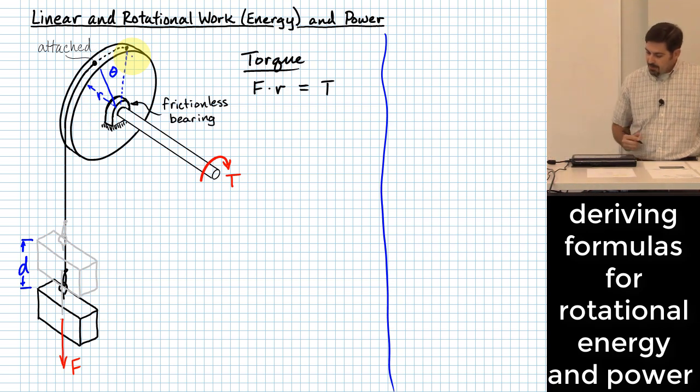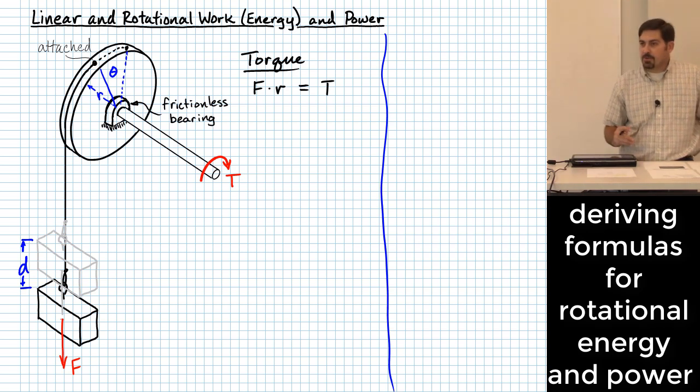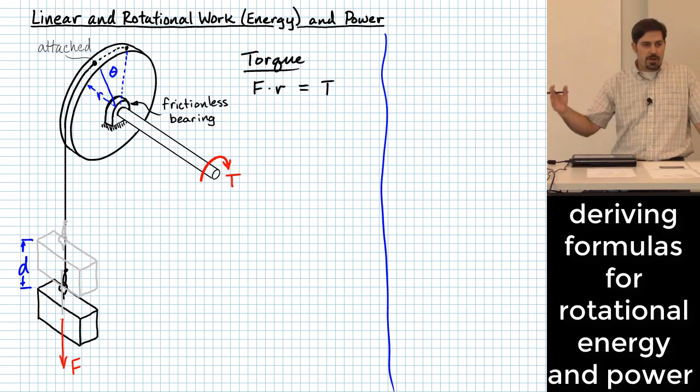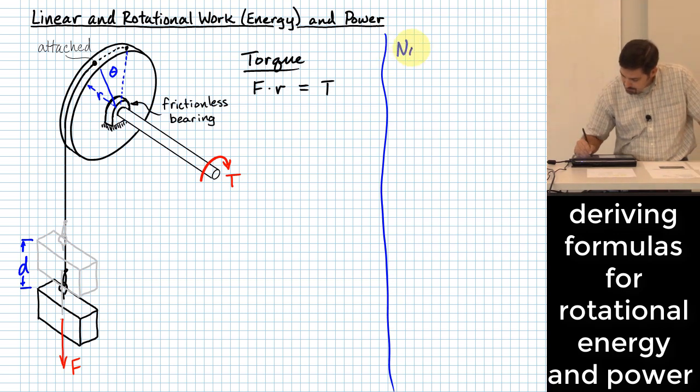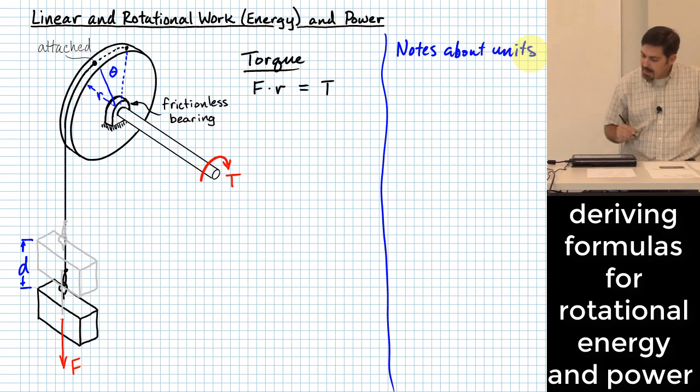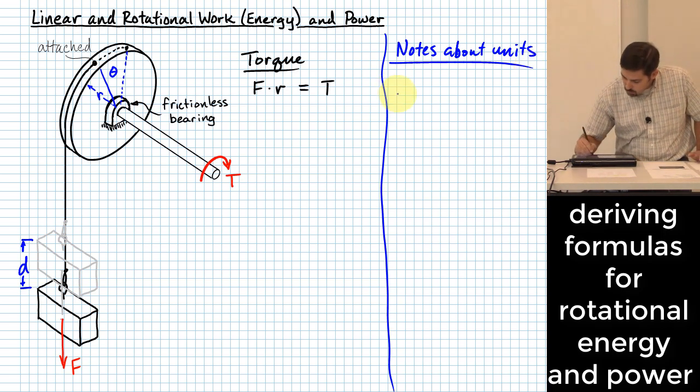Now, I put this little blue line over here on purpose because I'm going to collect a few things that have to do with units on the right side of the screen. So I'll put notes about units. The very first thing we need to think about is: what do we mean when we measure something in radians?